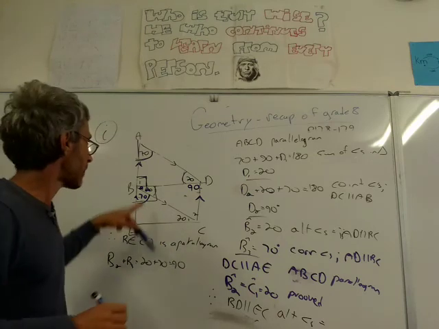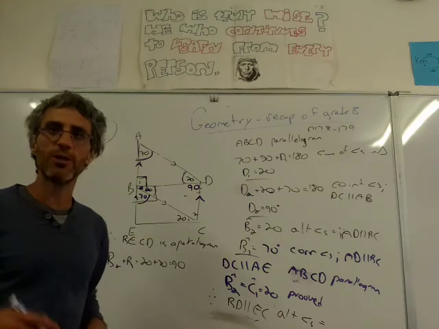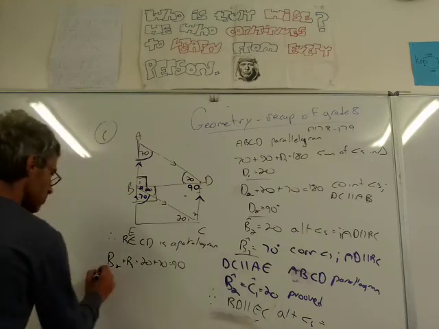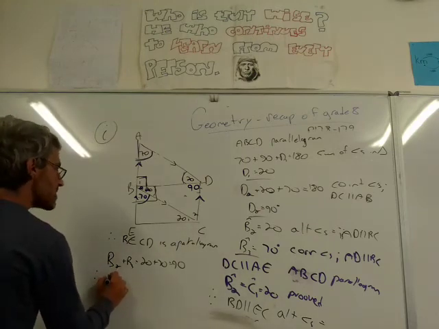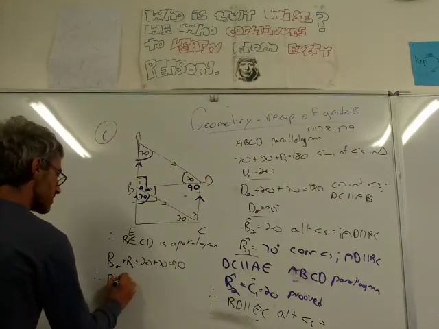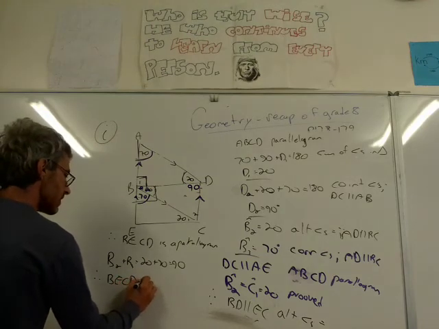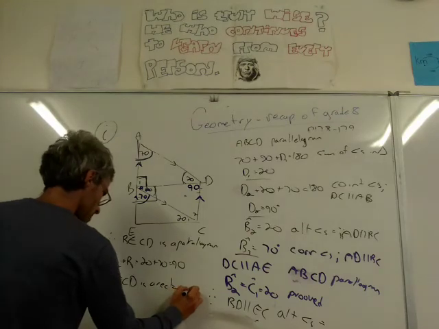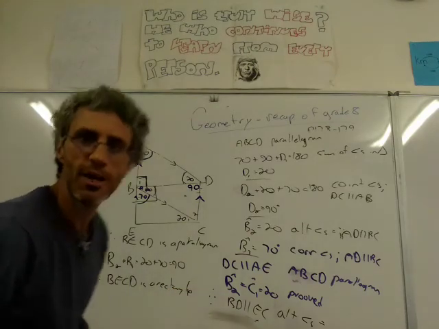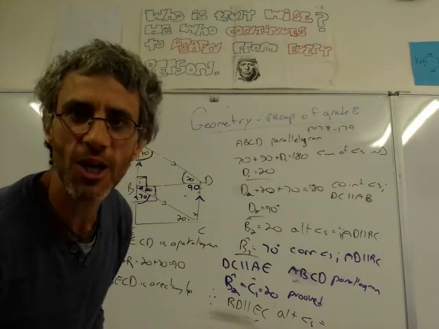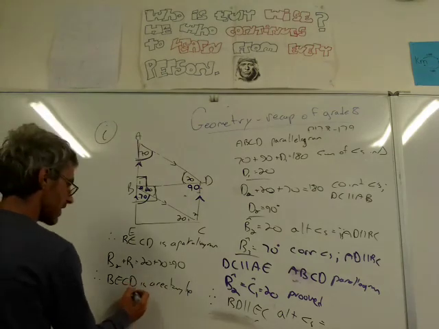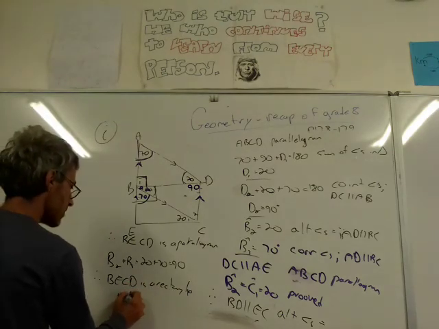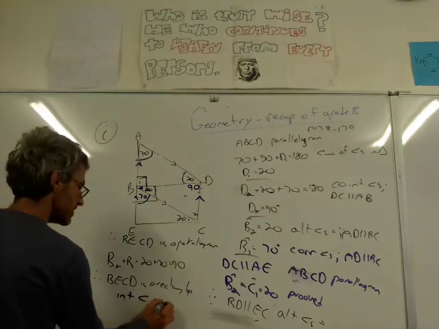If a parallelogram has an interior angle of 90 degrees, then it's a rectangle. So I can just say BECD is a rectangle, and the reason is it's a rectangle because the interior angle is equal to 90.